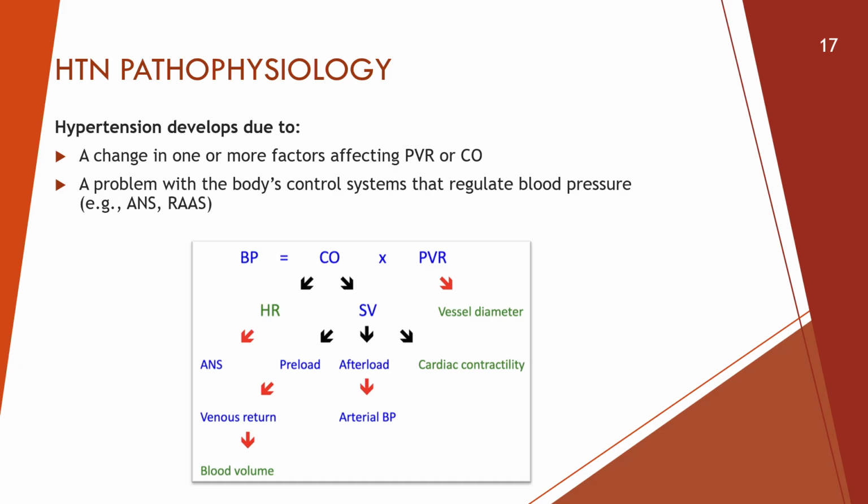Remember, it controls the heart rate, leading back to the cardiac output. Is the patient in a state of fight or flight? And now that vasoconstriction is increasing peripheral resistance. Is there a problem with the RAS system? Remember, it will retain sodium and water, so it's going to affect blood volume that again traces back to cardiac output. So all these factors need to be considered and will even guide us with treatment.